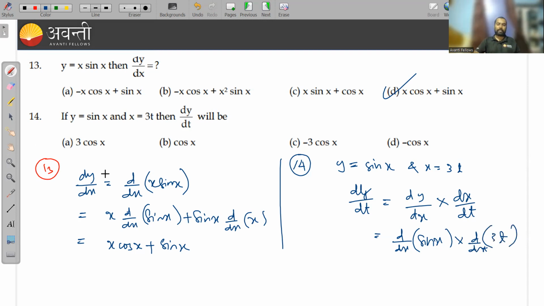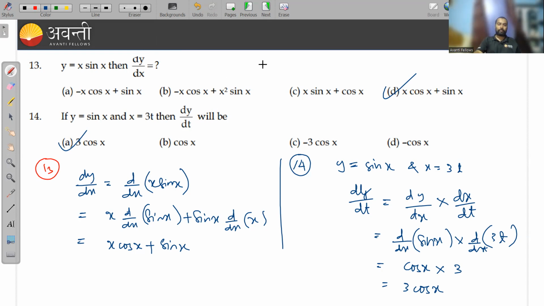So d by dx of sin x is cos x into d by dt of 3t is 3. So the answer is 3 cos of x. Option A is correct. Clear?